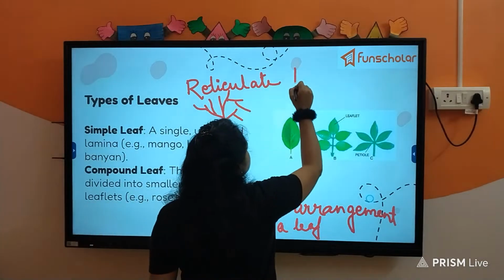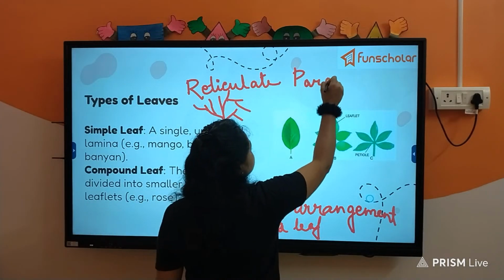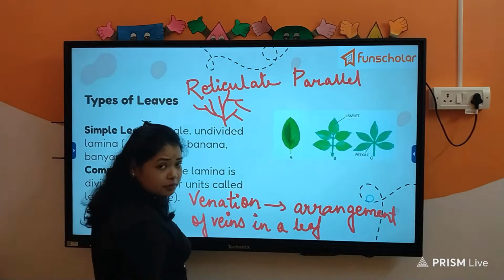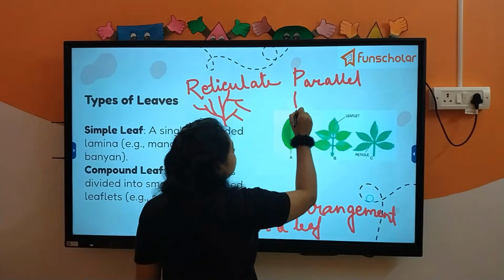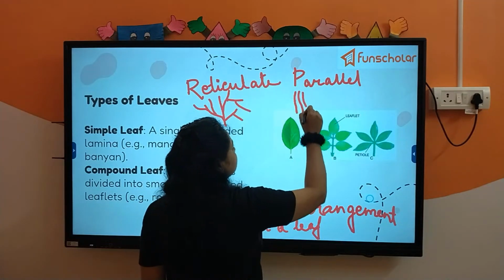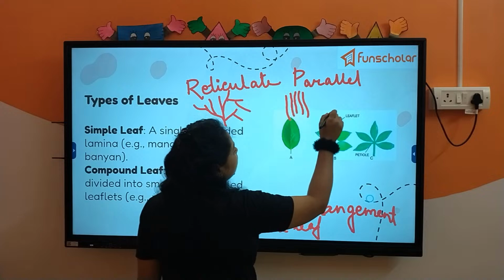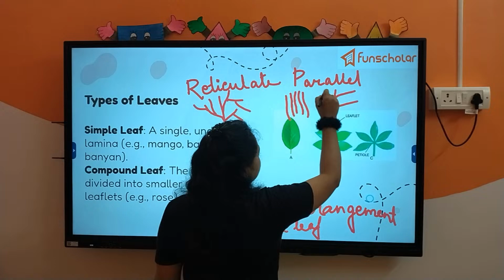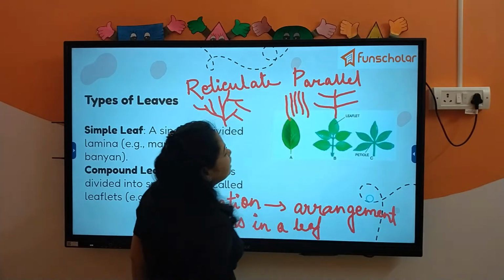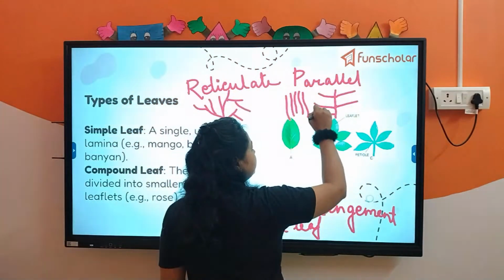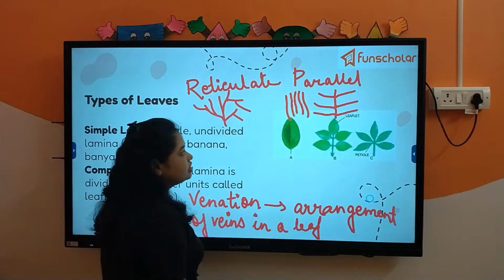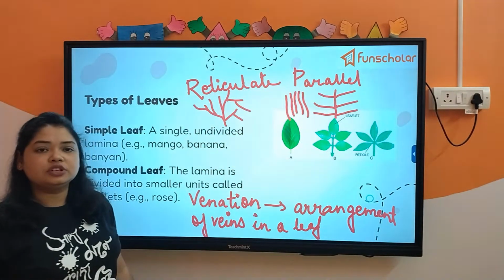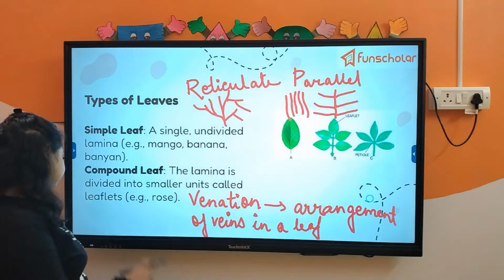And another one is the parallel venation, means the veins apart from the midrib, so either they will lie parallel to one another in the longitudinal manner, or they can lie at an angle with the main vein, that is the midrib, but they will run parallel to each other in this way. So these are the two types of venation usually found in the veins of the leaf.